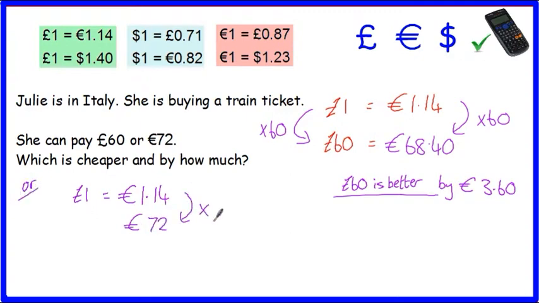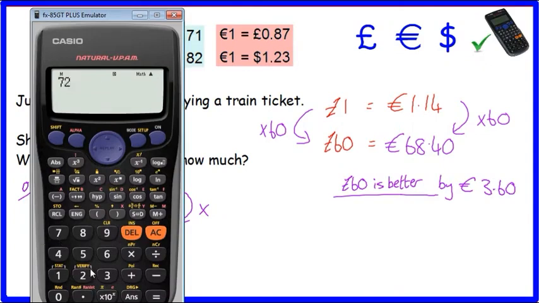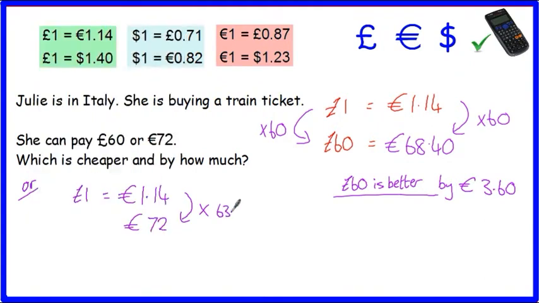How do I get from there to there? 72 divided by 1.20 gives 60, multiplied by 1.05. I would do the same on this side, which of course gives me 63.15. So what's the difference? It's £3.15. So it depends what way you want to do that question. You'd only do one of those.